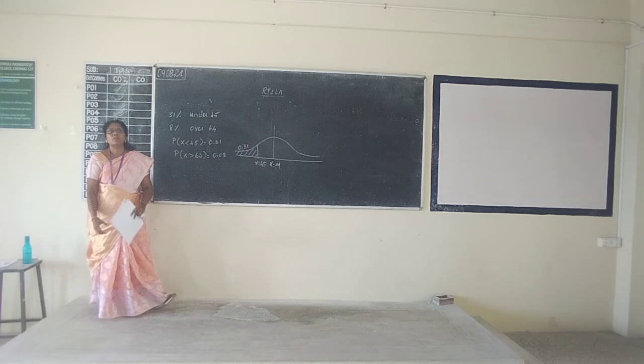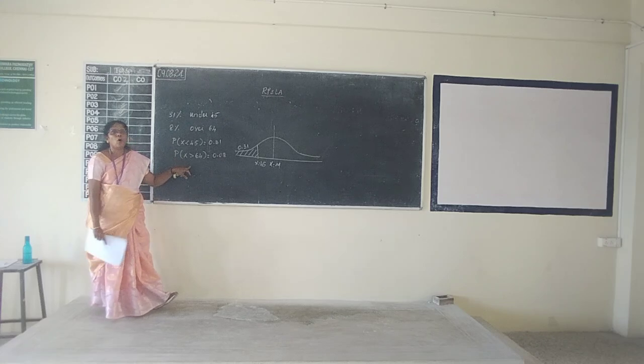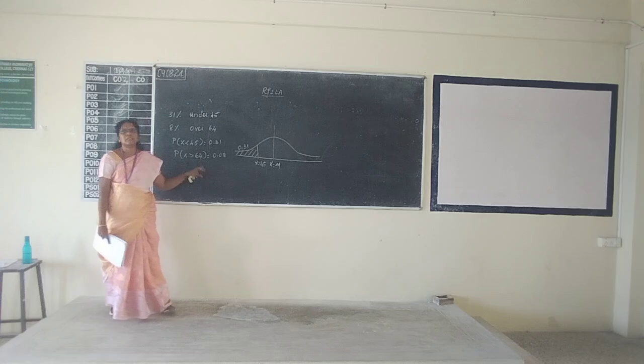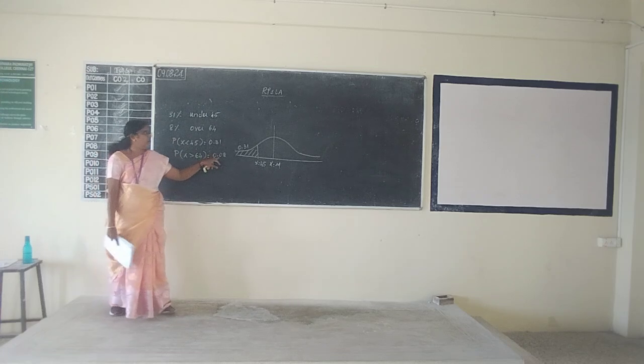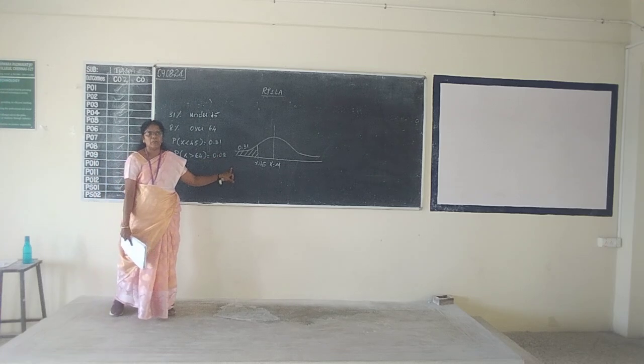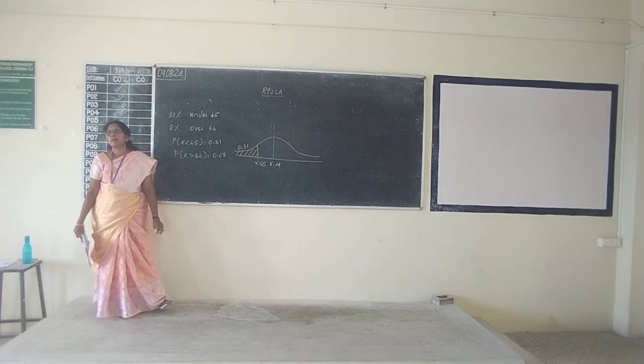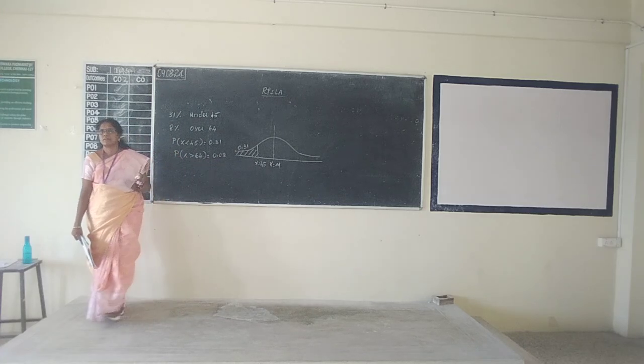Now go to the next one. Over 64 is 0.08. Over means above 64. The area value is 0.08. Will you mark it on the left side or right side? Only one should be right. Why right?